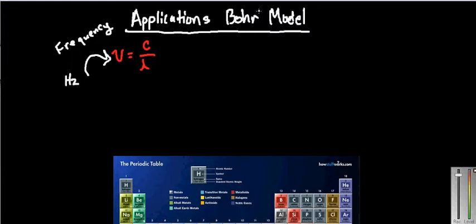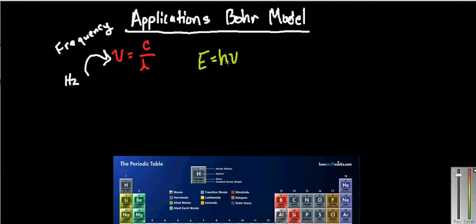So there is an equation that we're going to be talking about that involves using the frequency equation to incorporate energy, and the equation for that is going to be E equals h nu.